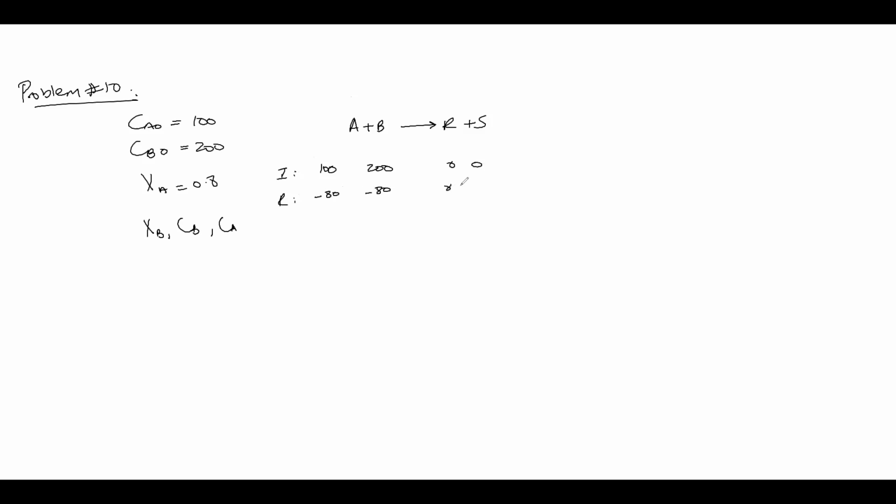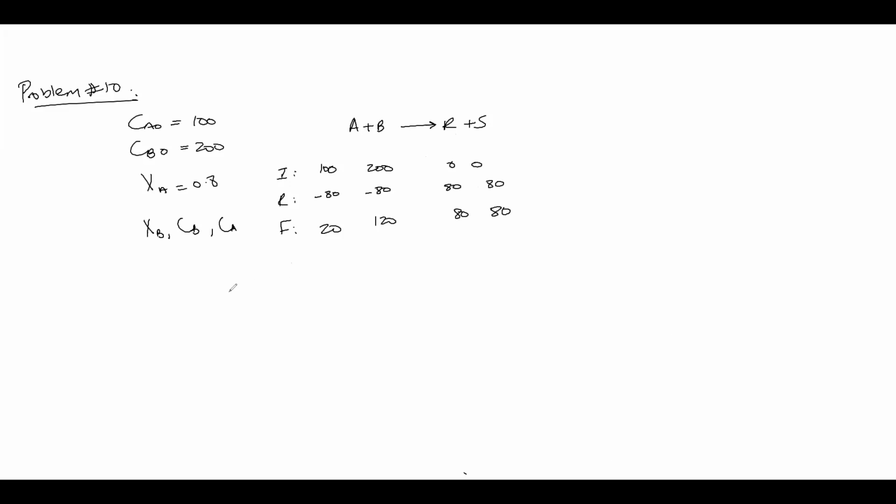I'm going to have 80 moles of R generated and 80 moles of S generated, and the final will be 20 moles of A, 120 moles of B, 80 moles of R, 80 moles of S, right? Yeah. Sorry.